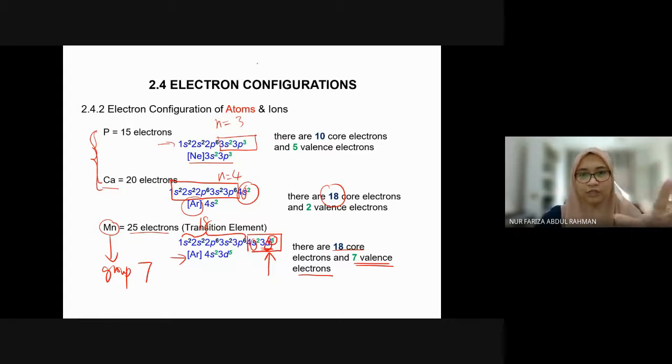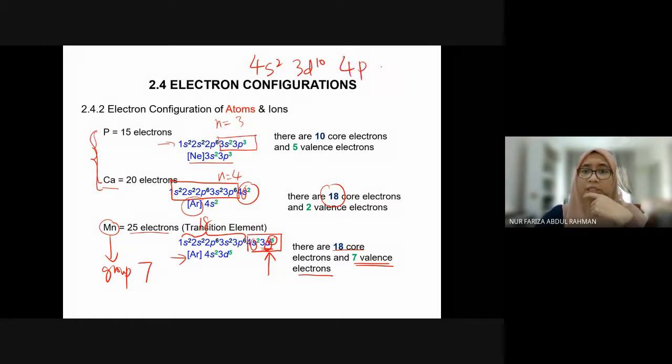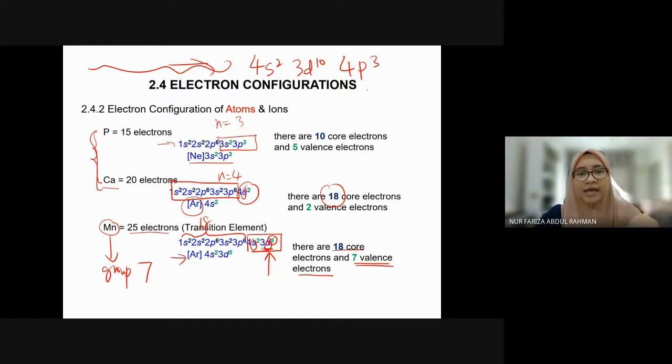Contohnya, katakanlah soalan we have the electron configuration 4s2, 3d10, and 4p3. Is this element considered a transition element?